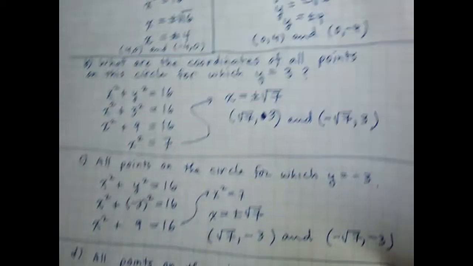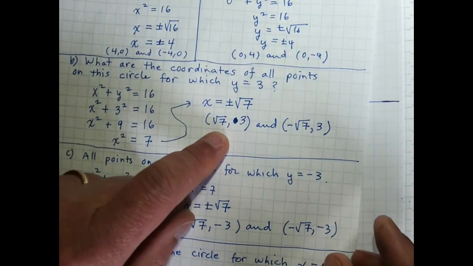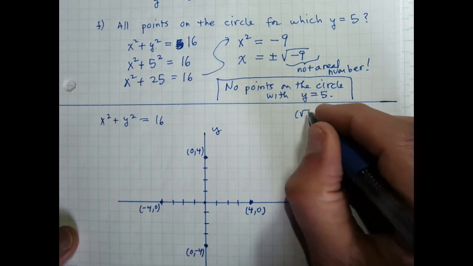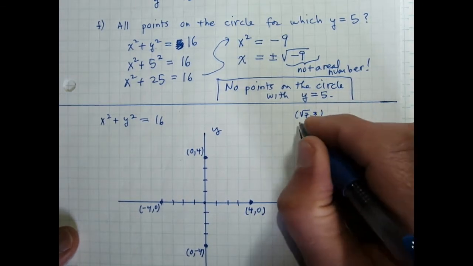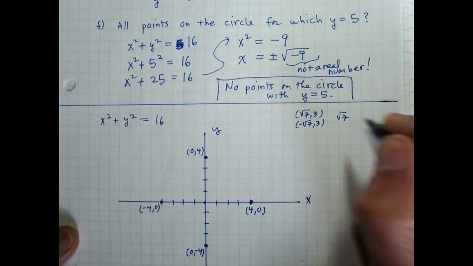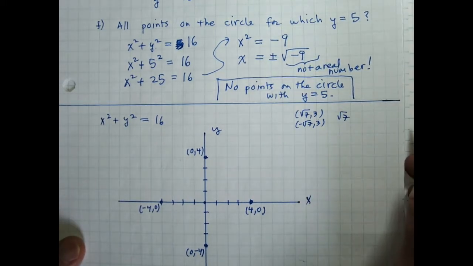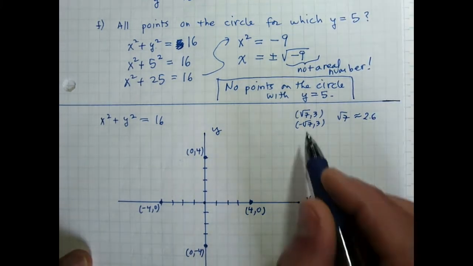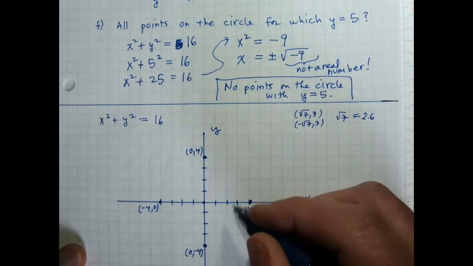Then we found some more points, right? We found square root of 7, 3, and negative square root of 7, 3. Square root of 7, I checked on my calculator, is about 2.6. So I'm going to try to plot these points here.